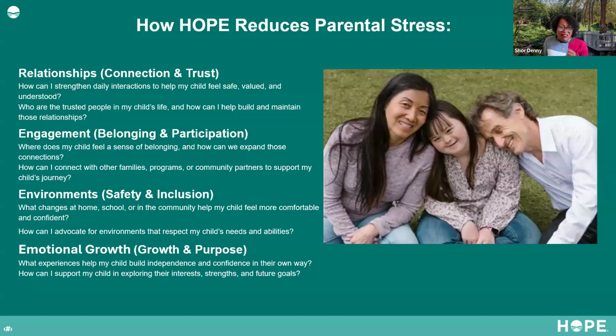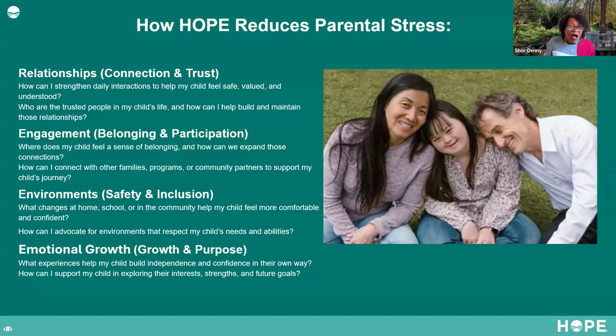So how does hope reduce stress? Right here, I want you to pick one or two from the first one, and from the second one, pick one from each one. And I want you to throw in the chat: How can you strengthen your daily interactions to help your child feel safe, valued, and understood? And you can tell us I did it all, if that's what you think, I already got this down.